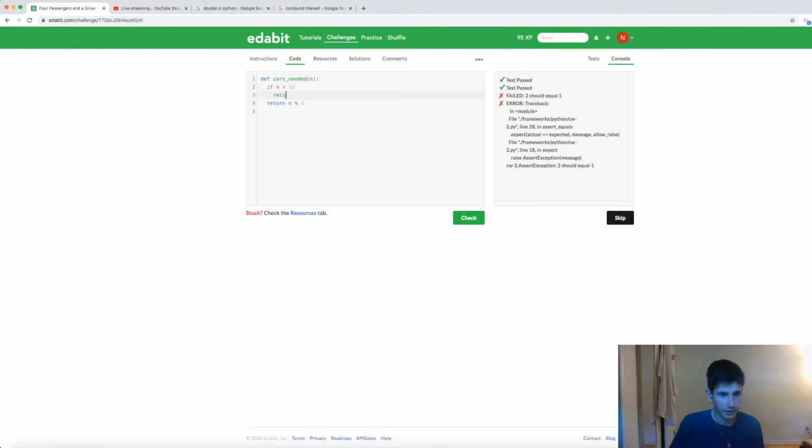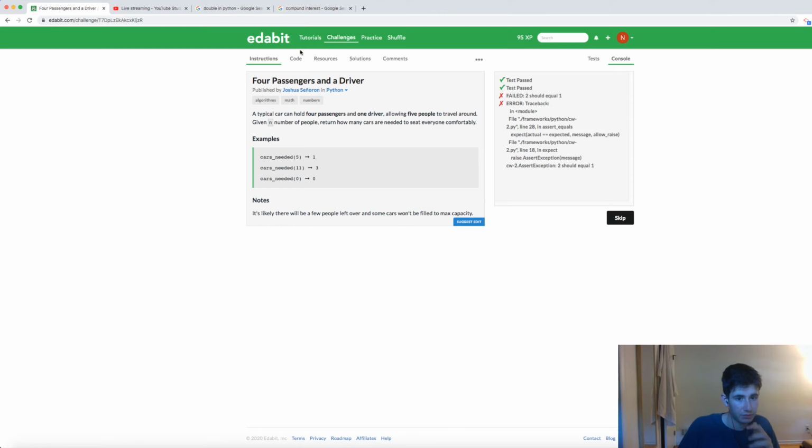if the number is greater than 5, or wait, greater than or equal to, right? Else, then what we need to do is take our number, and wait, if we have 11 divided by 5, 11 divided by 5 is 2 point something.